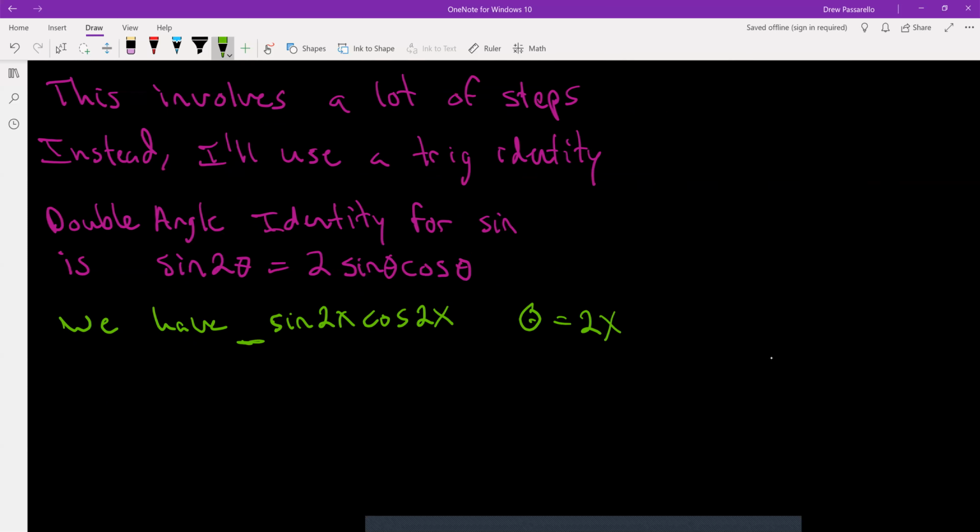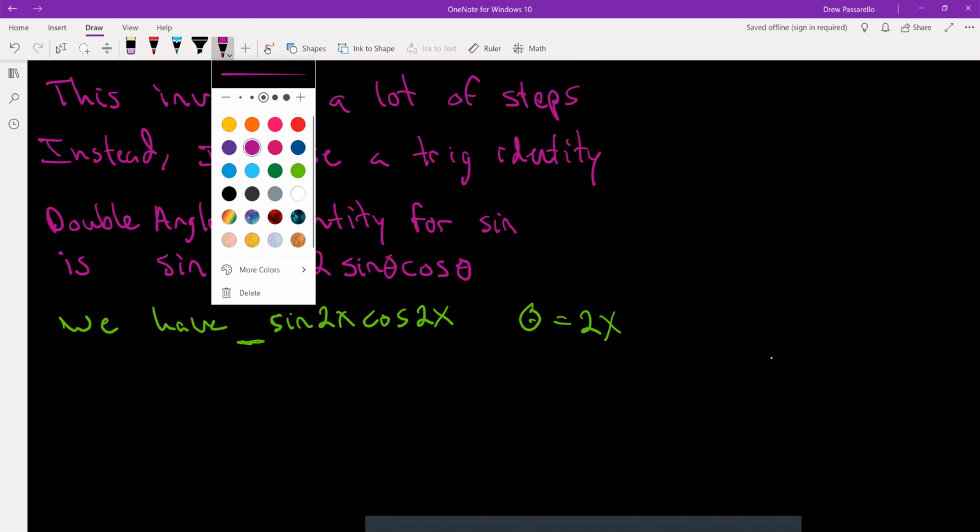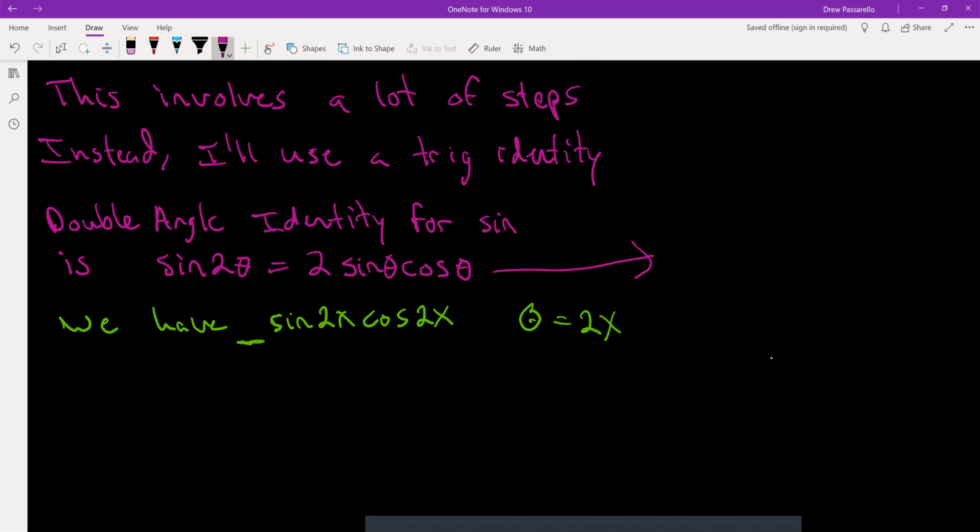So you can rewrite the double angle identity for sine by dividing both sides by 2, which will give you 1/2 sine of 2 theta is equal to sine theta cosine theta.